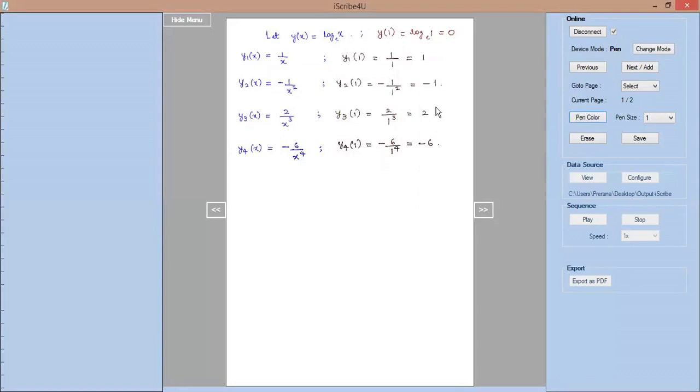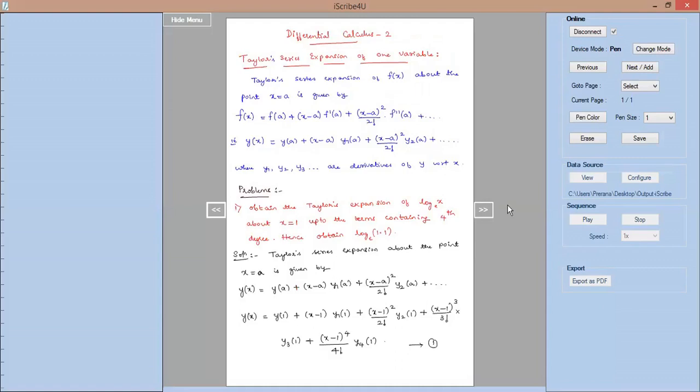These are our obtained values, that is y of 1 is 0, y1 of 1 is 1, and then we have y2 of 1, which is minus 1, then y3 of 1, which is 2, y4 of 1 is minus 6. So these are our required values which we will substitute in the formula, that is equation 1.